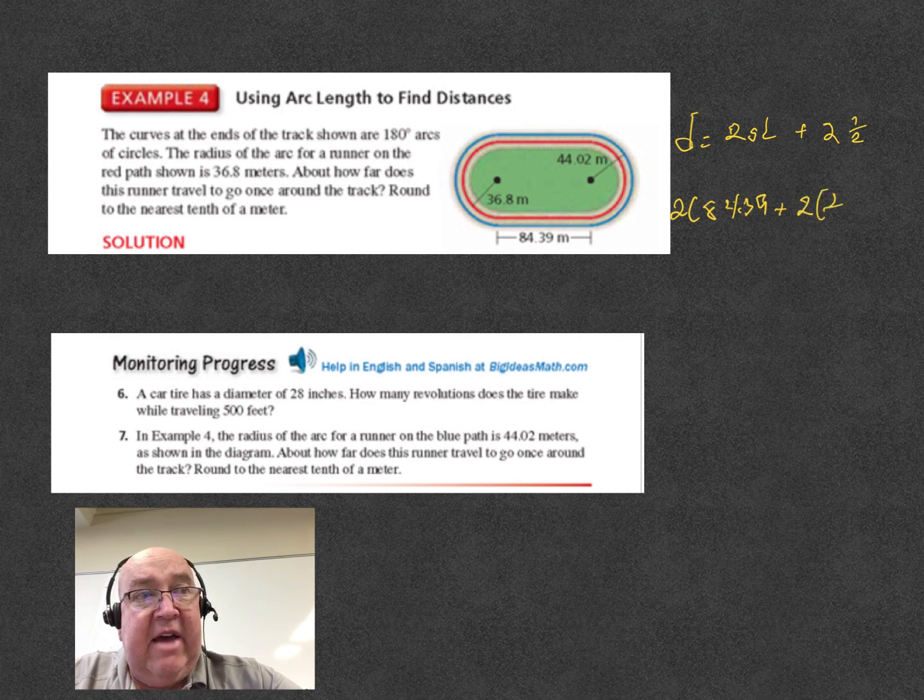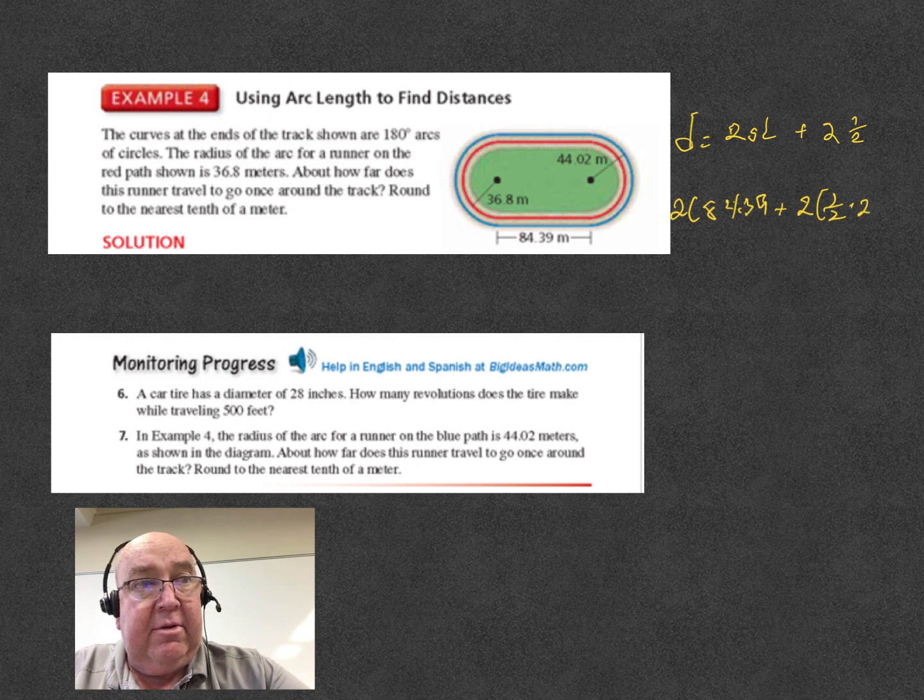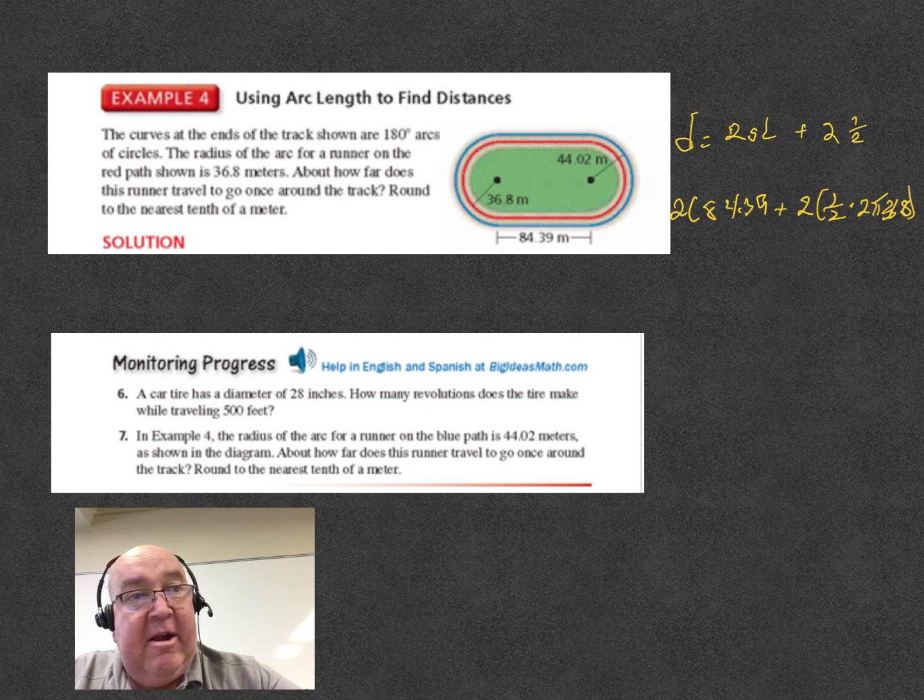Now remember, we only have half an arc, but we have 2 of them, and times 2 pi 36.8. And that's going to come out to about 400 meters.